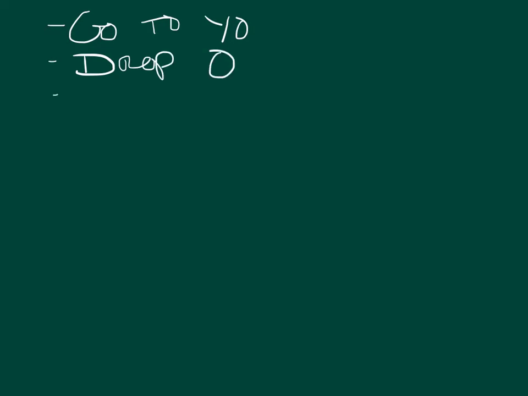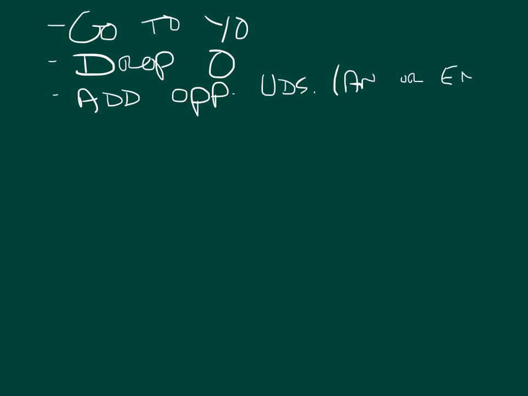Just like before, we're going to go to the yo, drop the o, add the opposite ellos, ellas, or ustedes form, because it's a command, so it's going to be either an or en. Or if you want to make it even easier, you're just adding n to what we just did on the last page. So, go to the yo, drop the o.